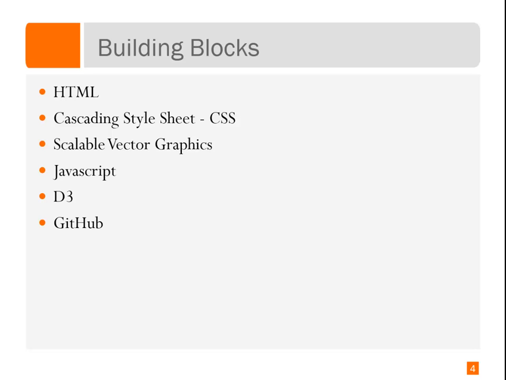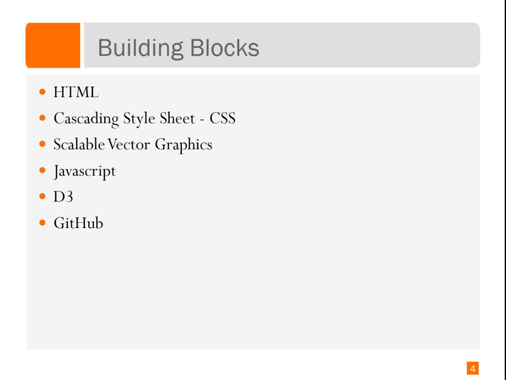Within it, we're going to utilize cascading style sheets, so we may want to use some CSS to format different types of objects. We're going to use a technology called SVG. SVG is a development class that helps us define shapes that we'll utilize in our data visualization. We'll use JavaScript for some of our interactivity.